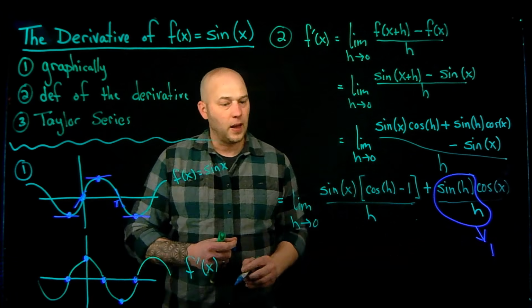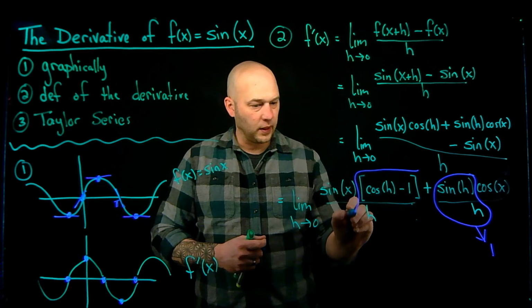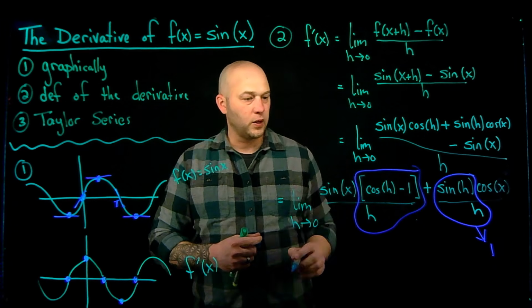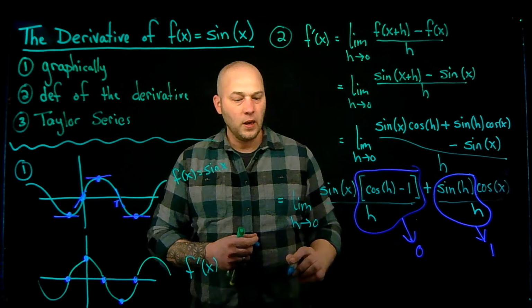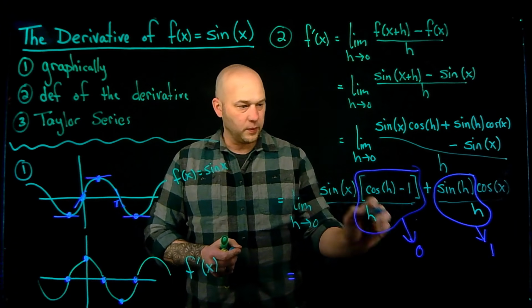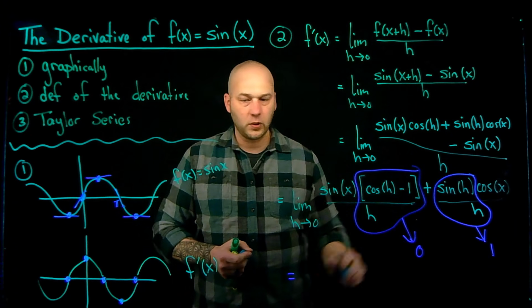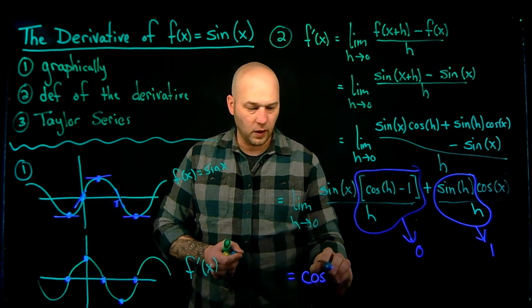Moreover, this other expression over here, cosine of h minus 1 over h, is also a common limit that you will learn, and that goes to 0. So therefore, this is equal to sine of x times 0 plus 1 times the cosine of x, which gives me, of course, the cosine of x.